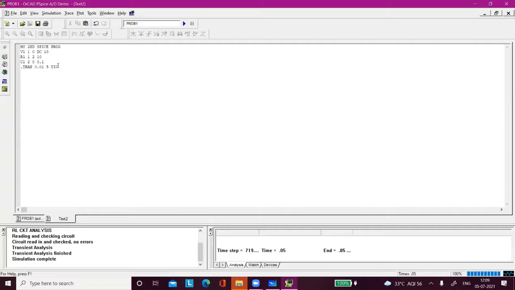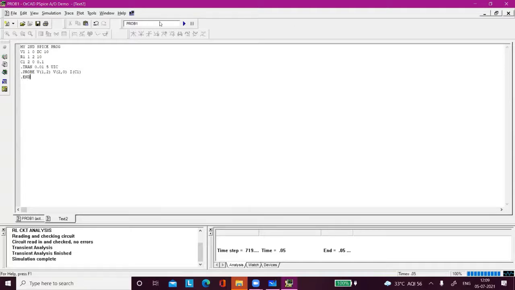Which variables do you want to plot? .probe V12, V20, I of R1, or you can write I of C1 also, because they are in series. Then you write .end, the end of the program.